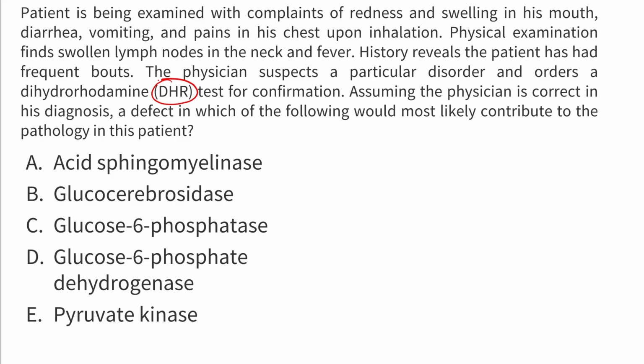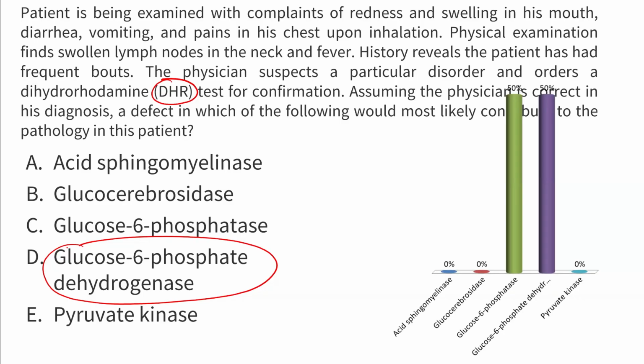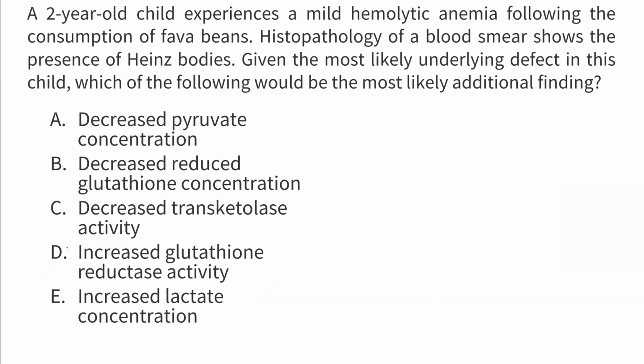So G6PD deficiency can put somebody at this risk. So which of the following most likely contributes to the pathology in this patient? It is the G6PD, glucose 6-phosphate dehydrogenase defect. Okay, let's go to the next one.